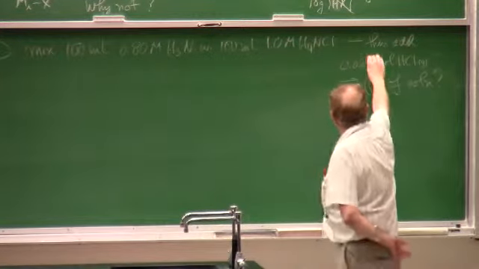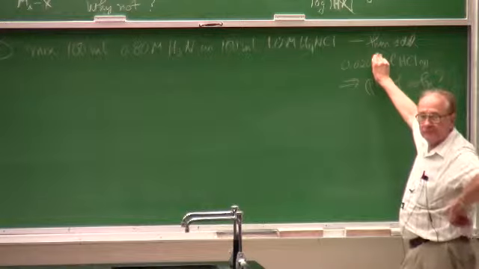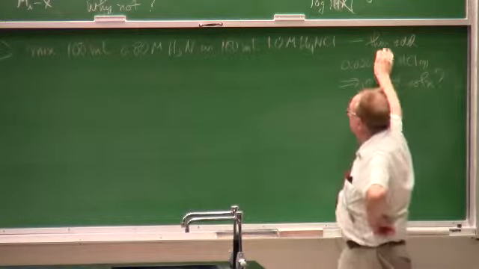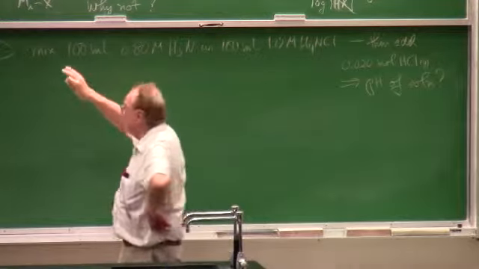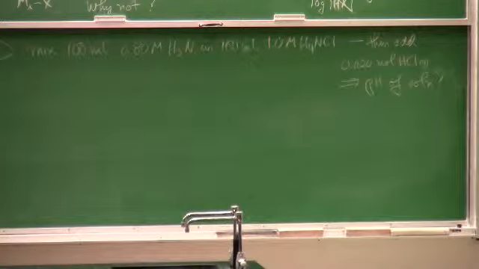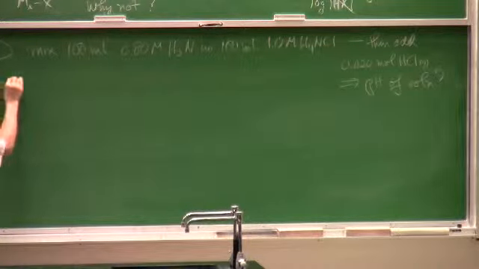But before we imagine putting in the HCl gas, before we proceed with this part of this question, how do we get the pH for this buffer? Well, again, I prefer to use the non-logarithmic analysis.